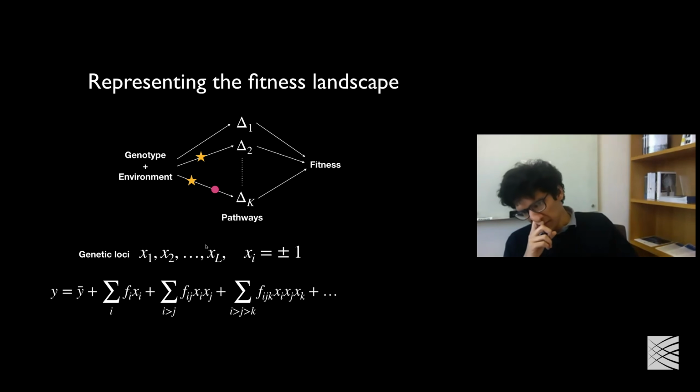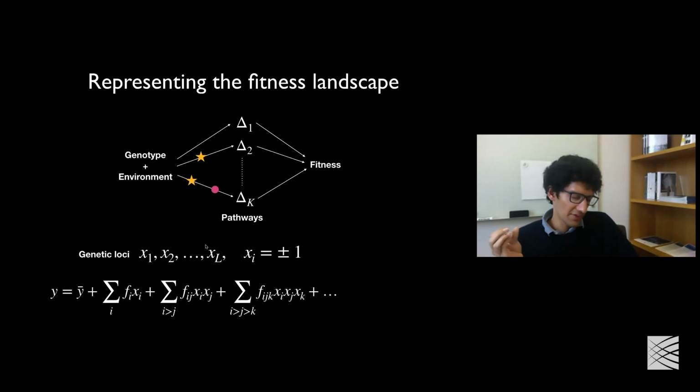We can think of these epistatic terms in abstract fitness landscapes that I'll describe later, right? But the question of what these terms actually mean biologically, in terms of what's happening at the level of pathways, I think is still a bit unclear.